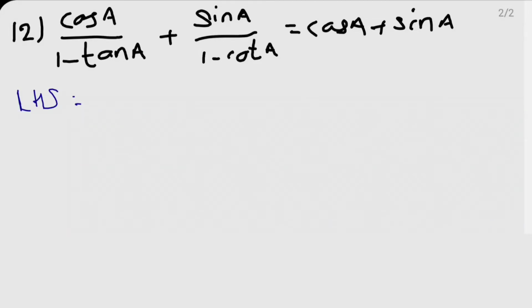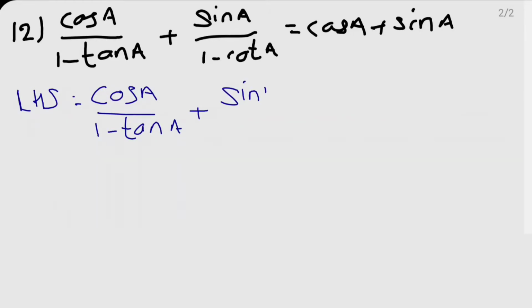LHS is equal to cos A divided by 1 minus tan A plus sin A divided by 1 minus cot A. So it is our LHS. Using this LHS we want to prove RHS, that is cos A plus sin A.